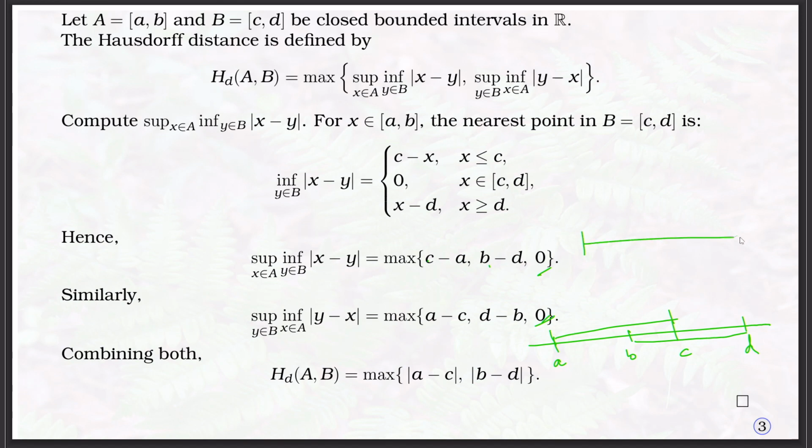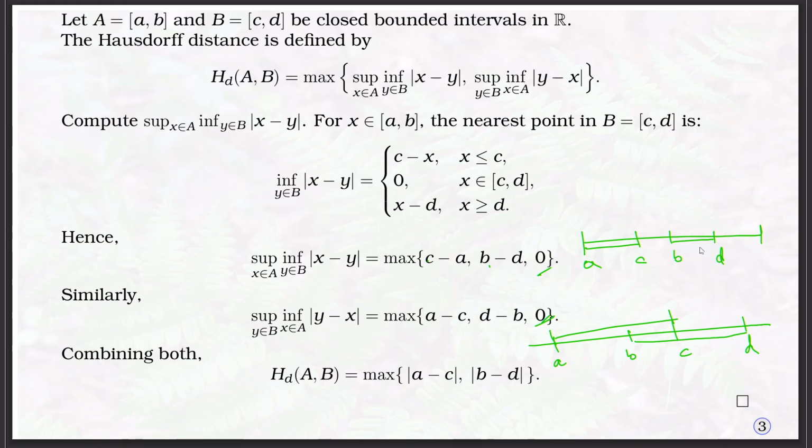Suppose the sets are like this, overlapping sets, here A to B, here C to D. Now you can see we need to calculate the distance A to C and B to D. Though it is an overlapping set, that means both sets have common points, this distance will never be 0; we will get some positive number.